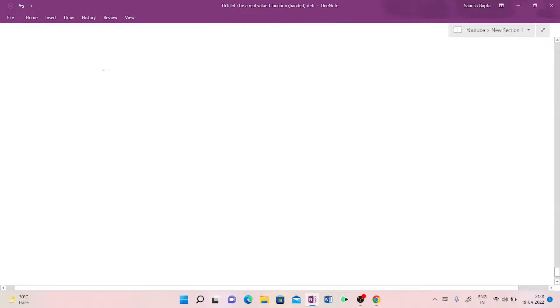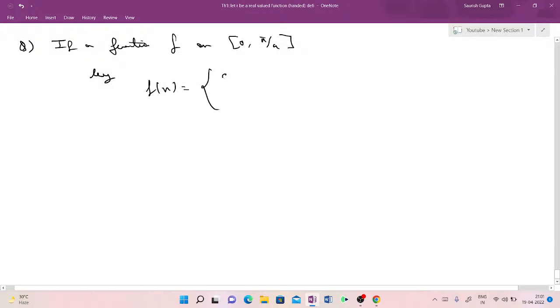Question: if a function f on the given interval 0 to pi upon 4 is given as f(x) equals cos x and sin x. It's a piecewise function.